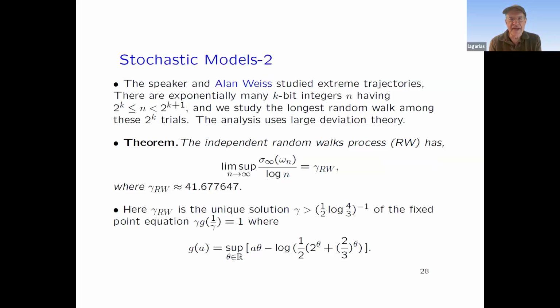And it makes a prediction that the worst case of the rate will be a constant, which is about 41.67 times log n.